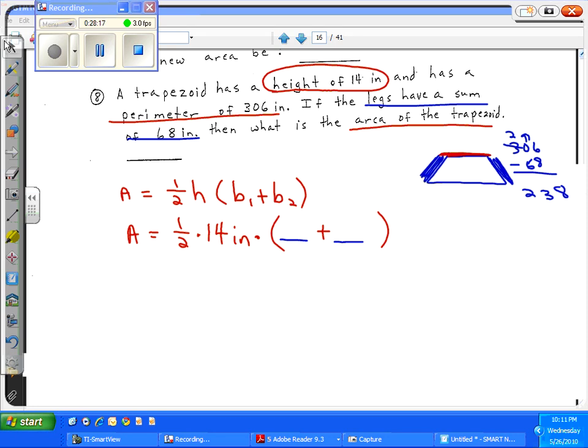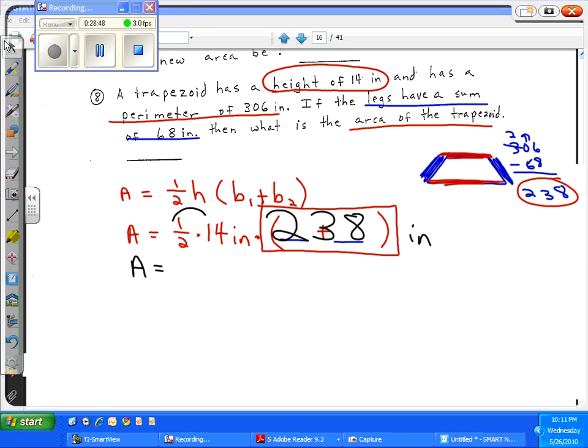What would that be? Well, it would be these other two sides added together, which is the sum of the bases. So the sum of the bases is 238. We don't know what each one is, but we know that their sum is 238. So we're going to make that whole part 238, and that's inches.